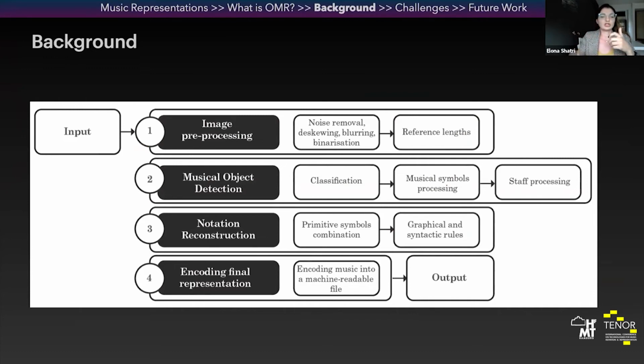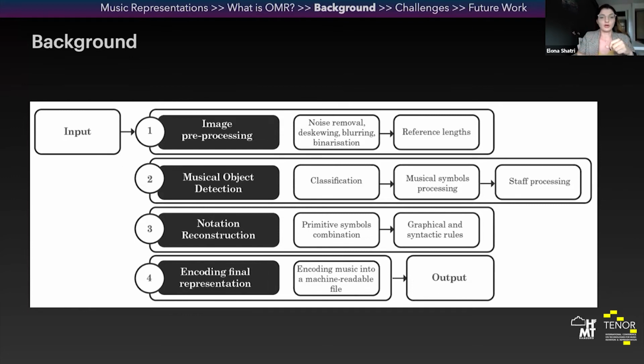Then the stage of object detection comes in, where there is classification of the primitives, the detected objects. Then all these detected objects need to be retrieved and come together to reconstruct their relationships and their semantics. This stage is music object reconstruction. And finally, all the retrieved information should be embedded in the appropriate output file, meaning there should be an encoding stage.